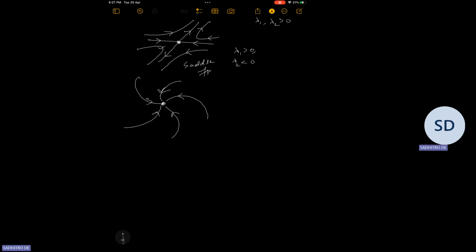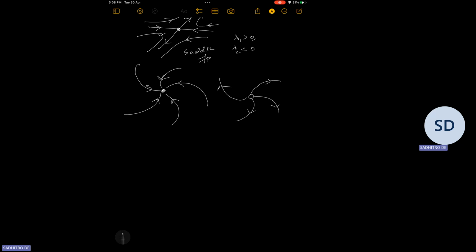So this is an example of an attracting spiral, and a repelling spiral will basically have trajectories going outwards. This is an example of a repelling spiral. I could not draw this properly, but basically the trajectory will spiral in towards these fixed points.